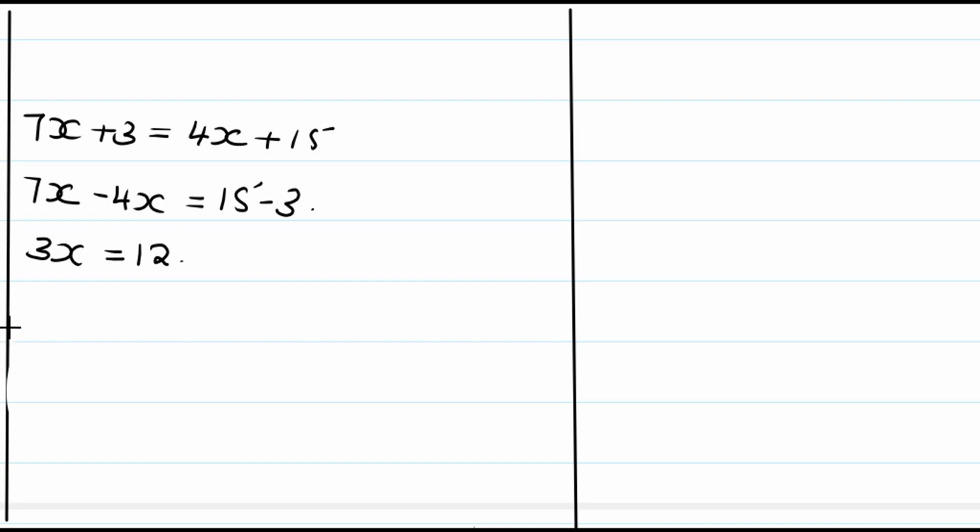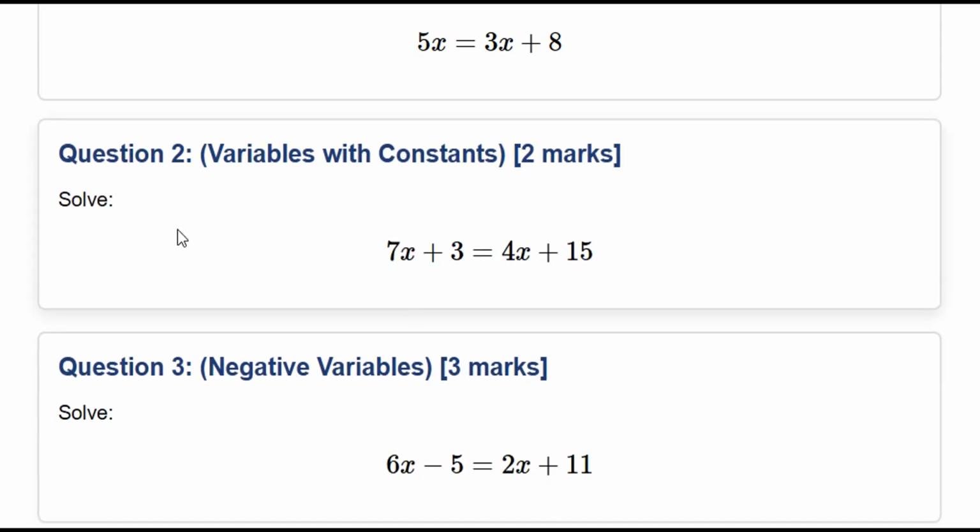And from there, I only need x and I have 3x. So to get x, I need to divide both sides by the coefficient of x, which is 3. So 3 divided by 3 is 1, 1 multiplied by x equals 12 divided by 3, which is 4. And that becomes the solution for question 2.